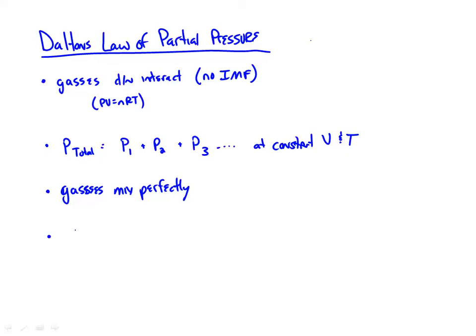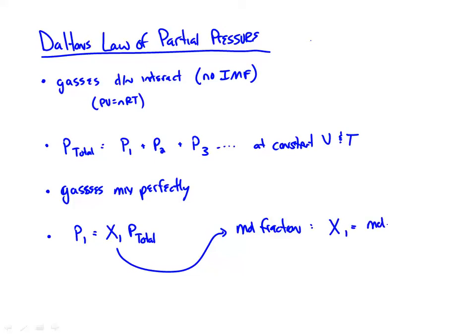So we can also write that P1 is simply equal to chi1 times the pressure total. And chi1 is basically just a mole fraction. So it's defined as chi1 would be the moles of gas 1 over the total number of moles.